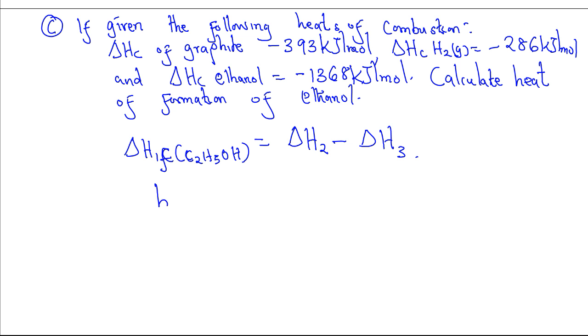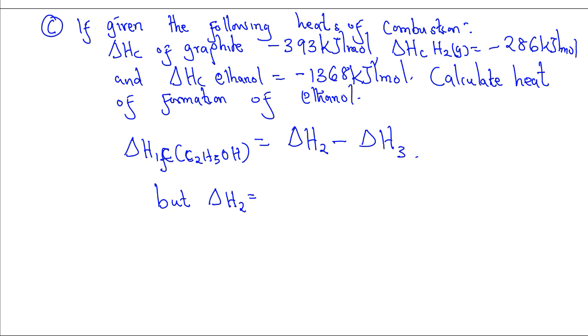But delta H2 will involve the two substances, that is combustion of carbon and that of hydrogen. Remember, in the data given, it is only combustion of 1 mole of carbon.